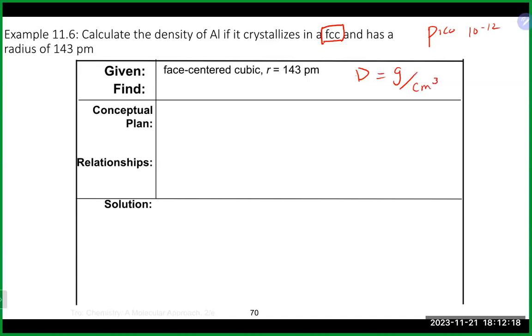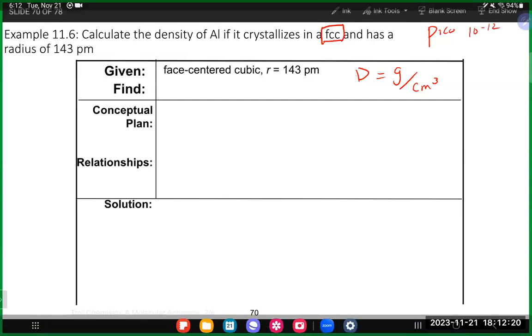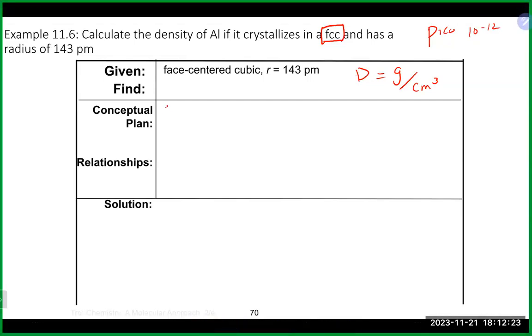So we're going to use the idea that it has 4 atoms to help us get to grams. If we want to go from atoms to grams, we have to do a couple of things. We want to go from atoms to moles, and moles to grams.